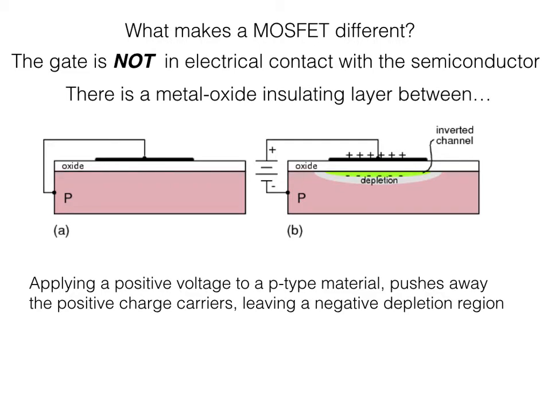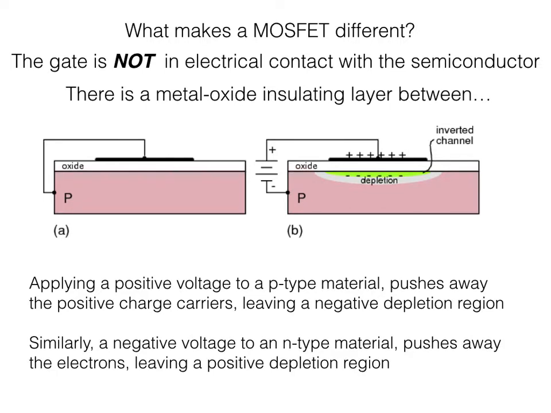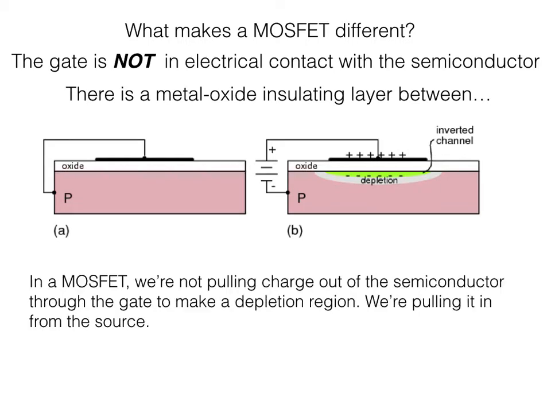So if we apply a positive voltage to a p-type material, it pushes away positive charge carriers, leaving a negative depletion region. And similarly, a negative voltage applied to an n-type material pushes away the electrons, leaving a positive depletion region. In a MOSFET, we're not pulling charge out of the semiconductor through the gate to make a depletion region. We're pulling it in from the source. And this is like charging a capacitor.